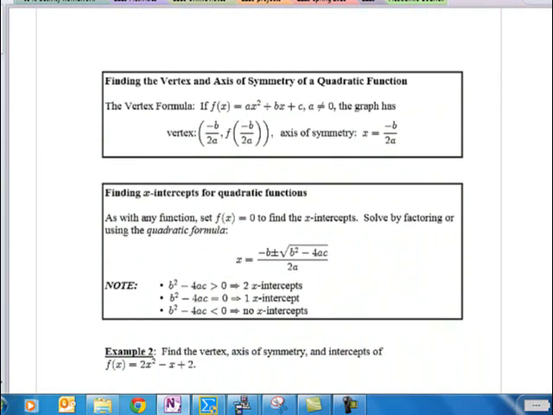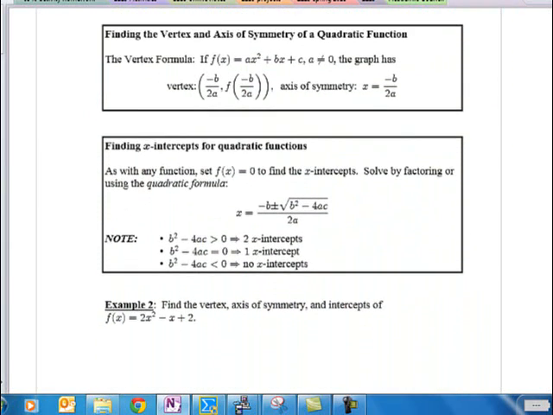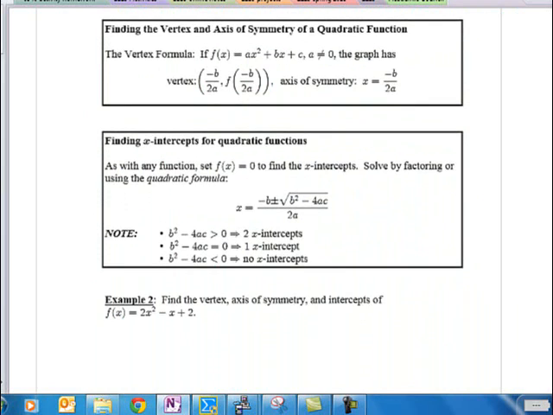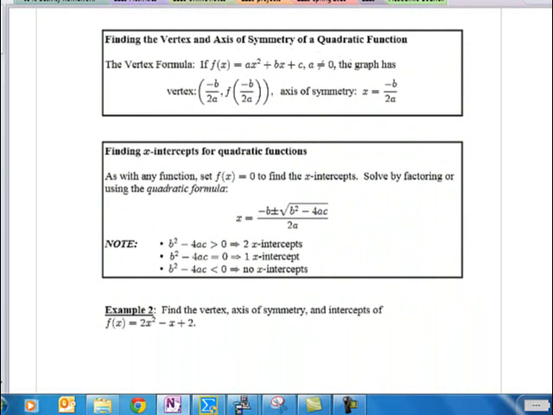So if we want to find the vertex for a quadratic function without going through that completing the square process, we can use this vertex formula that says if we have the function in this form, ax squared plus bx plus c, where a isn't 0, then what we can do is find the vertex using this formula. Take the opposite of b, divide it by 2a, and that's the x coordinate.